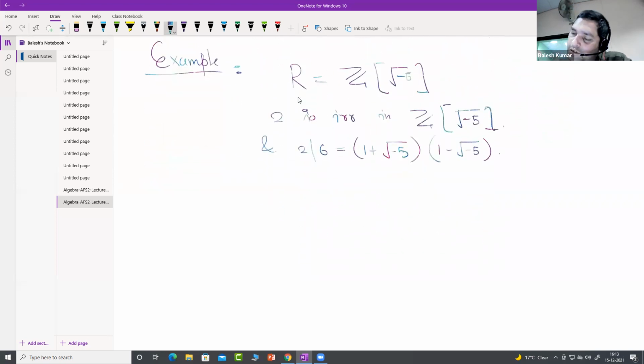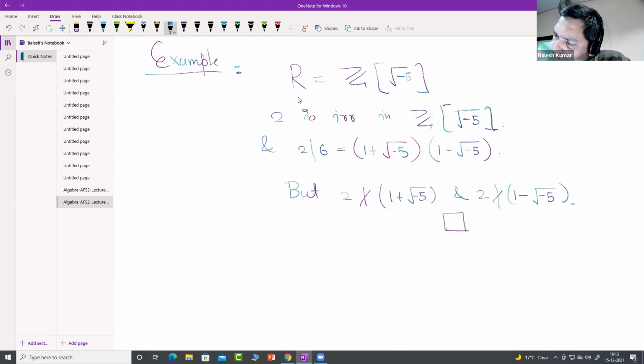But you can see that 2 neither divides 1 plus square root of -5, nor does 2 divide 1 minus square root of -5. You can also check that. And so therefore what we see is that in general these two notions, irreducible and prime elements, are different.